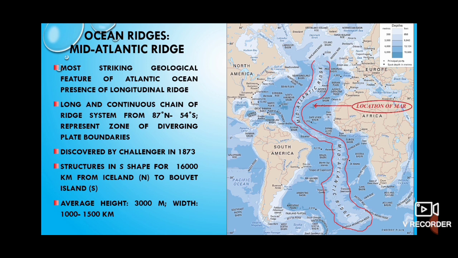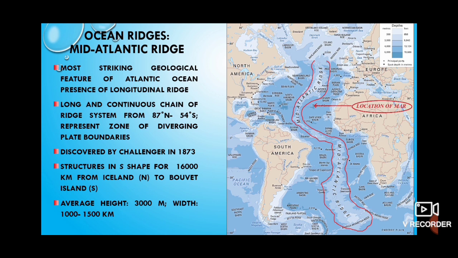The Mid-Atlantic Ridge is the perfect example that can represent the zone of diverging plate boundaries. It was discovered by Challenger in 1873. The Mid-Atlantic Ridge stretches in the form of the letter S for a distance of 16,000 kilometers from Iceland in the north to Bouvet Island in the south.